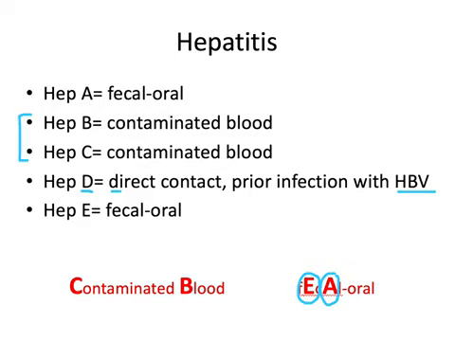And lastly, contaminated blood. This phrase begins with C and B, and lo and behold, those are the 2 hepatitis that are transmitted via contaminated blood. So hopefully those 3 memory tricks can help you to clearly remember hepatitis for the rest of your life.